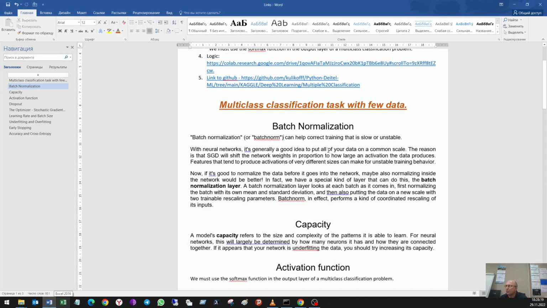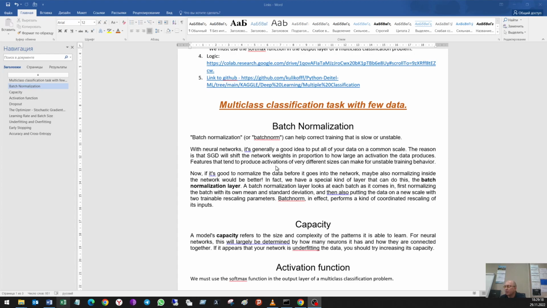Batch normalization, or batchnorm, can help correct training that is slow or unstable. With neural networks, it is generally a good idea to put all of your data on a common scale. The reason is that stochastic gradient descent will shift the network weights in proportion to how large an activation the data produces.